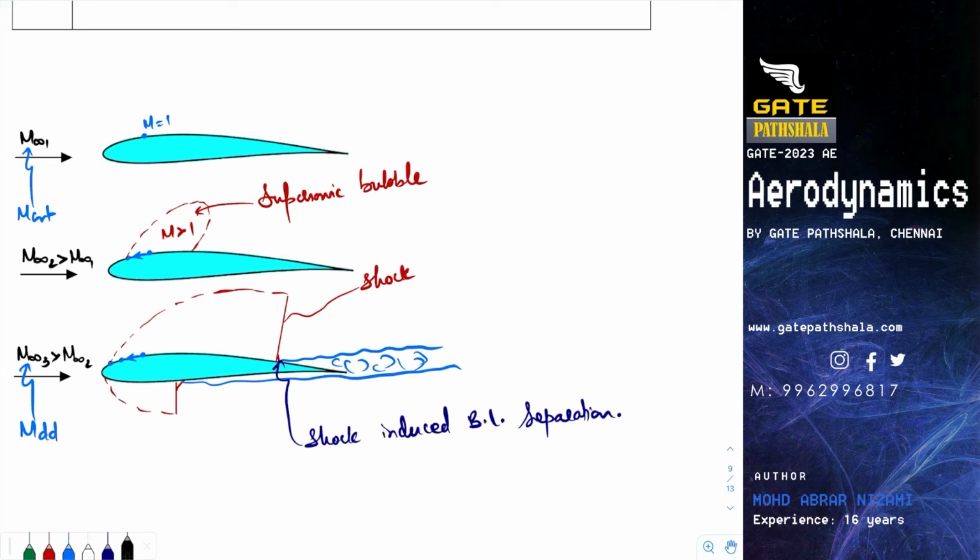If we draw a plot of the drag coefficient versus the free stream Mach number, it goes like this. It doesn't change. Then after a certain increment in free stream Mach number, this is the point at which it starts to rise. This is M critical, at which you get the first sonic state.